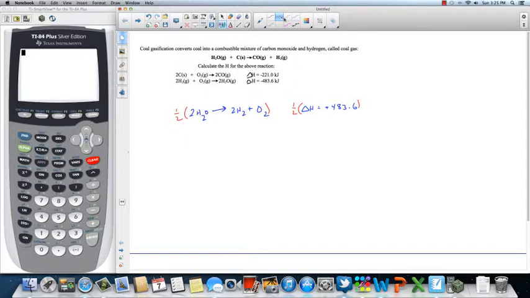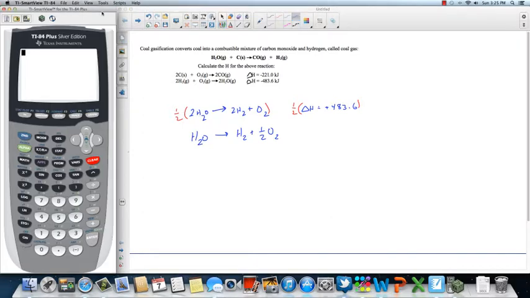What we end up with now is 1 H2O yielding 1 H2 plus 1/2 of a mole of O2. Our enthalpy for the reaction becomes half of 483.6, which we can calculate here: 483.6 divided by 2 is going to equal 241.8.